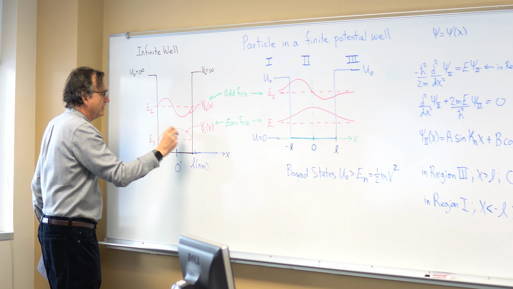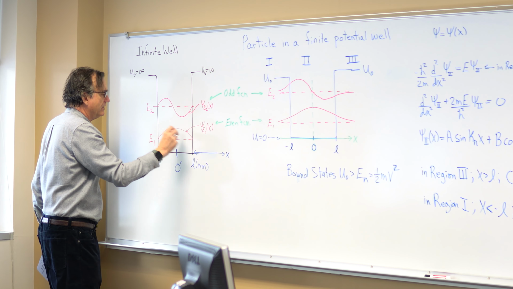The only way this expression, which has identical parts on the right and left of the minus sign, can be equal to this expression is if A is equal to 0. So for n odd, the wave function in the middle region, psi of x, is equal to B times cosine of k_n x.